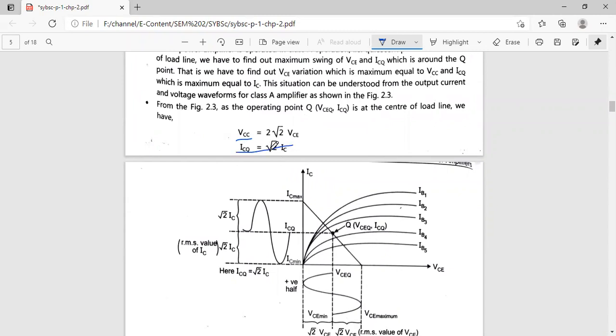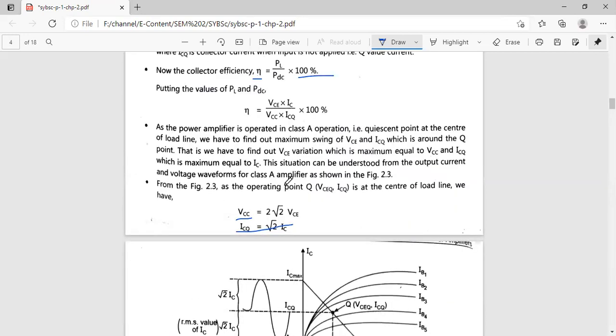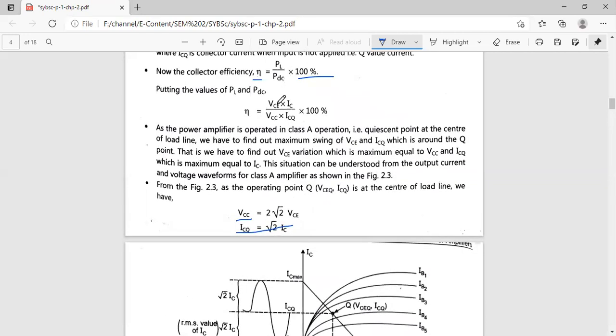All right. So this is the value of ICQ, root 2 IC. Now we have to substitute these values of VCE and ICQ in the calculation of efficiency, which we have to obtain. Eta is equal to, what was our equation? Eta is equal to PL upon PDC, and after putting the values of PL and PDC, we got this equation: VCE into IC divided by VCC into ICQ. But here we have the value of VCC.